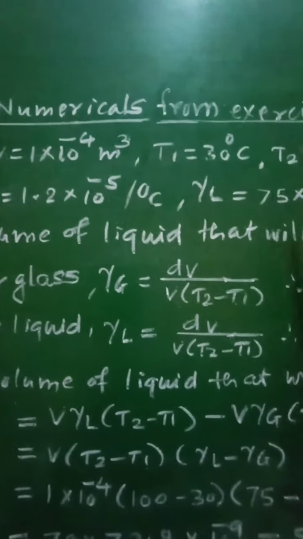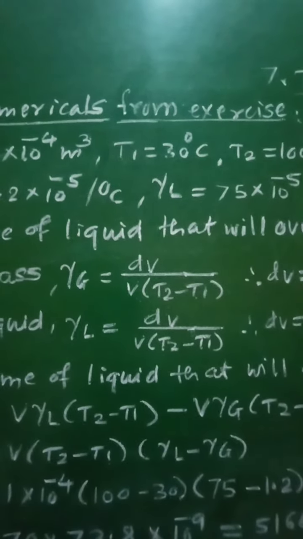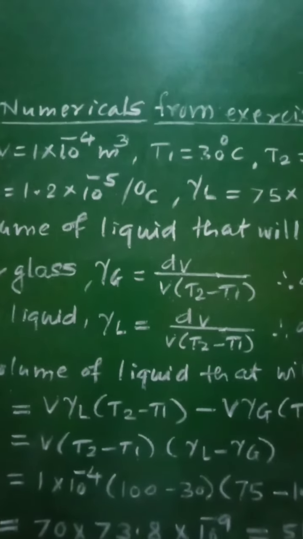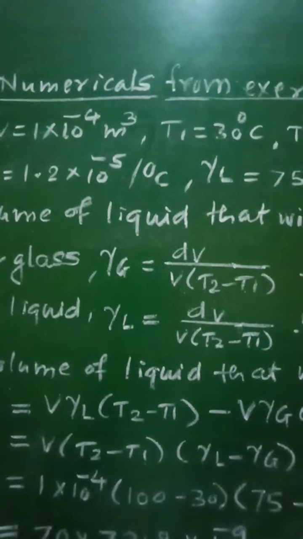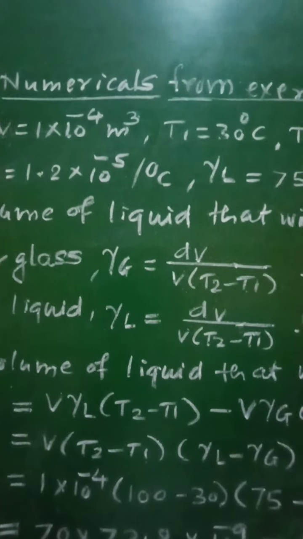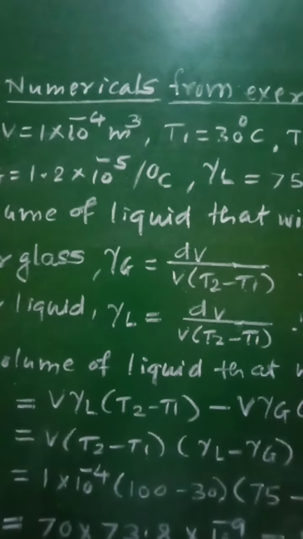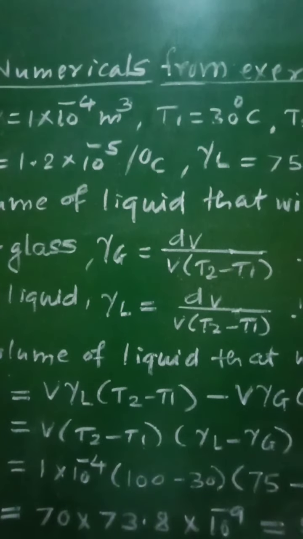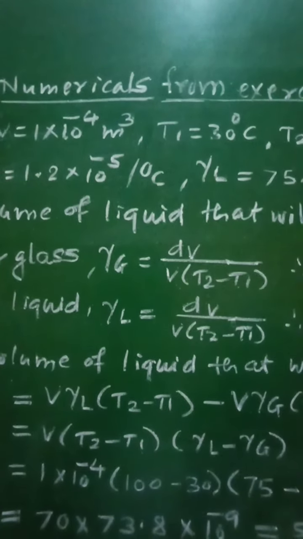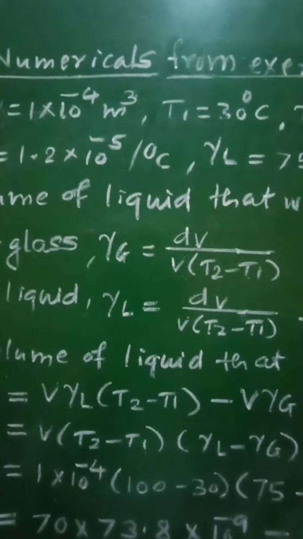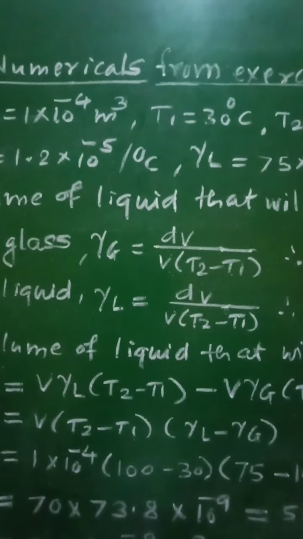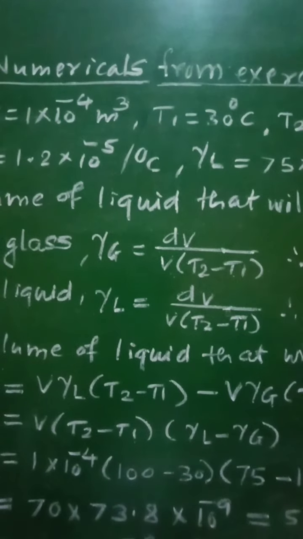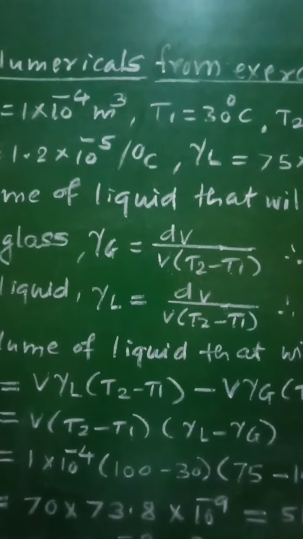The first numerical is: a glass flask has volume 1 into 10 raised to minus 4 meter cube. It is filled with a liquid at 30 degrees Celsius. If the temperature of the system is raised by 100 degrees Celsius, how much of the liquid will overflow?